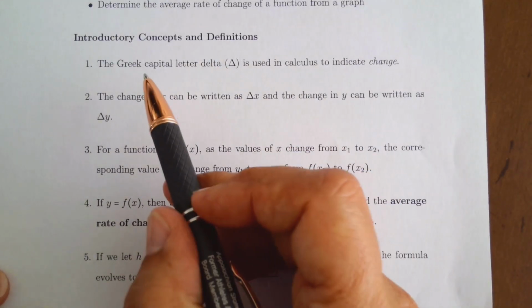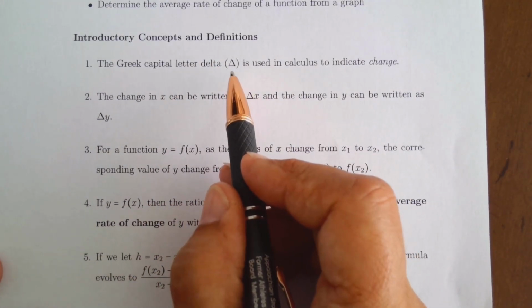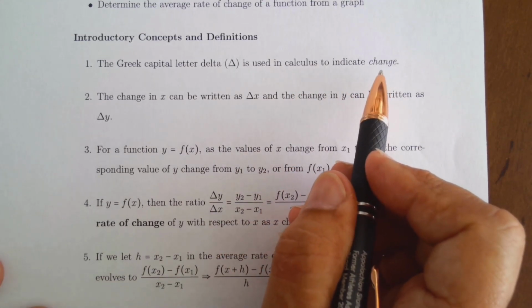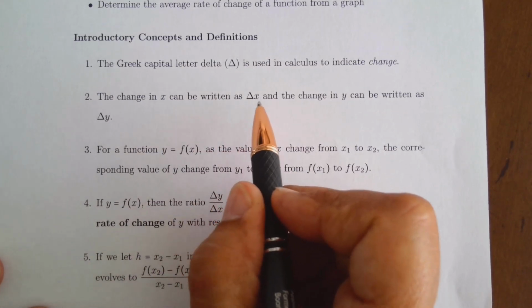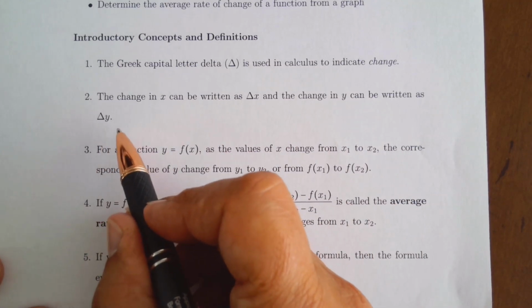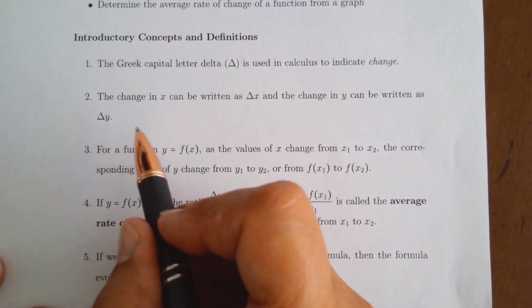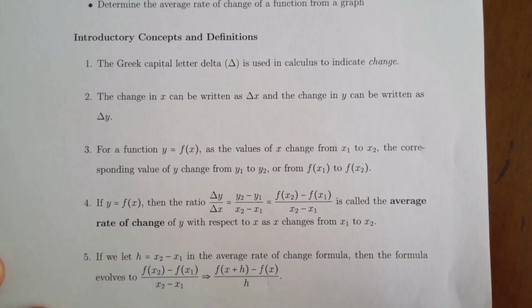So if you remember, the Greek capital letter delta, okay, looks like a triangle, is used in calculus to indicate change. So the change in x can be written as delta x, and the change in y can be written as delta y. So we use that a lot, and anytime you see delta with a variable, that means figure out the change. And the change in something is just the difference.